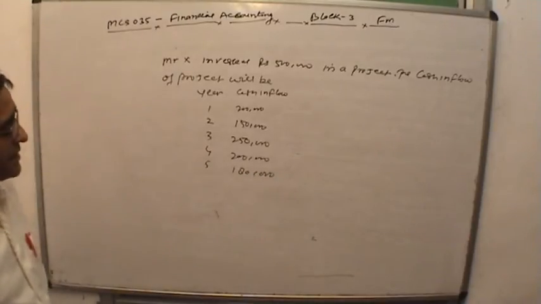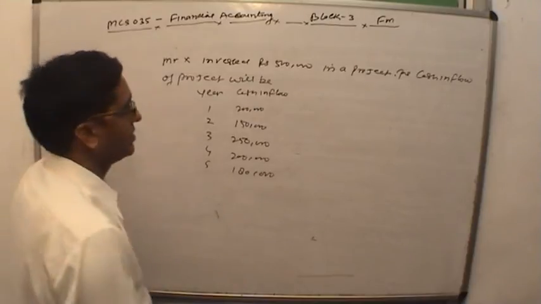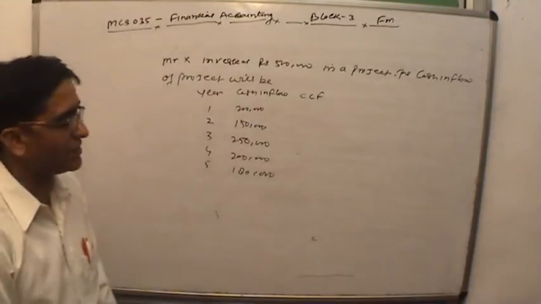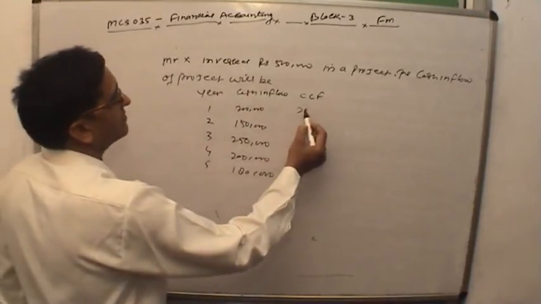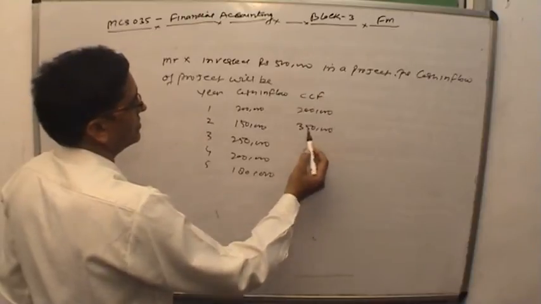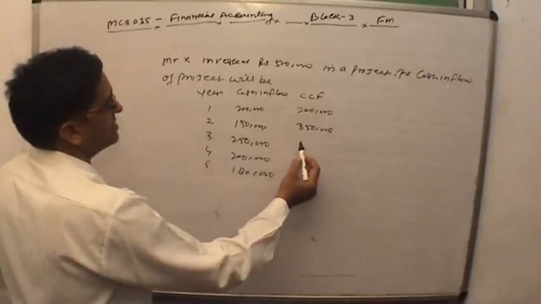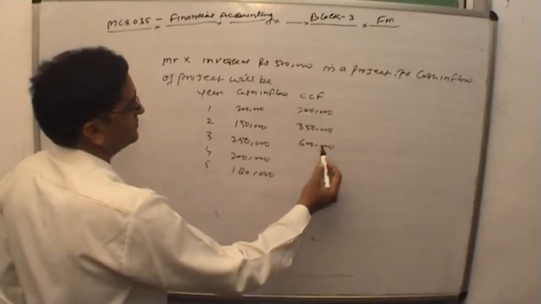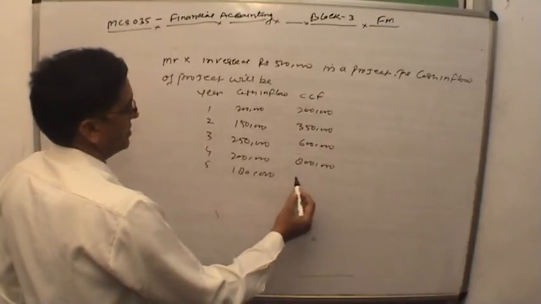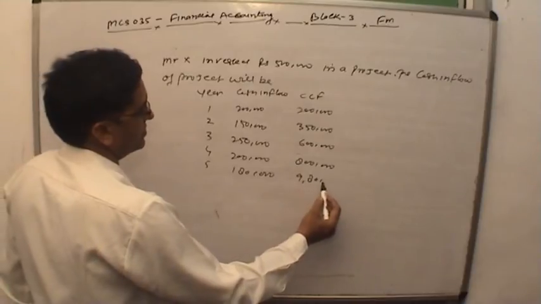Now, same as the previous example, we make the CCF, cumulative cash flow, which is 2 lakh, 3 lakh 50,000, then 6 lakh, then 8 lakh, then 9 lakh 80,000.